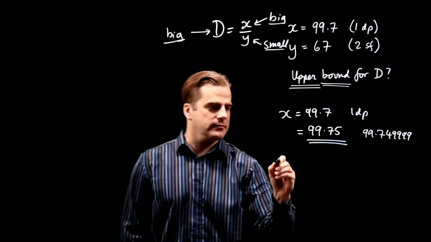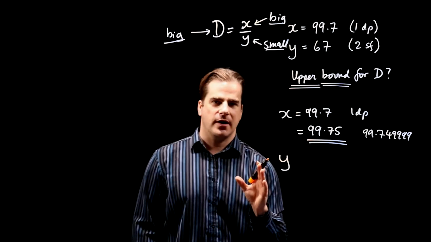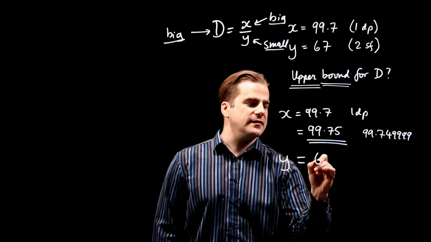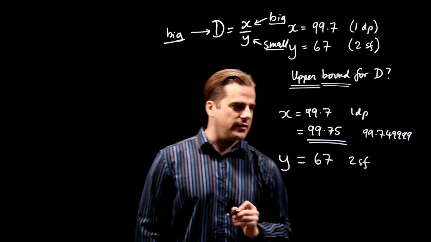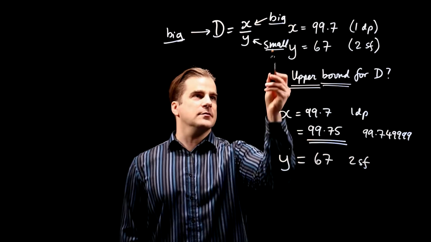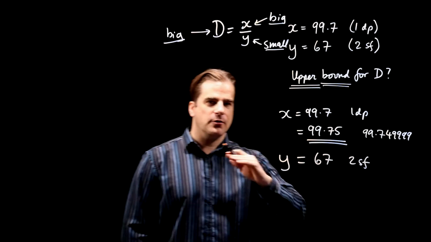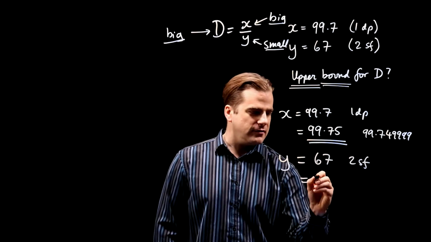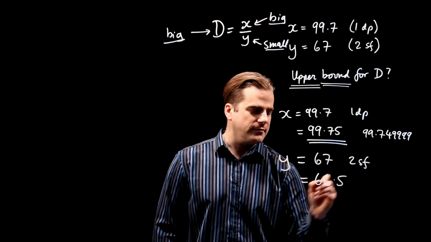Right, for y, we want to make y small. So y is 67 to 2 SF. Okay, we're making it small. What's the smallest value this could have been? Again, it's always going to involve a 5. That's what I'm trying to say, okay? So the smallest value it could possibly be is 66.5.